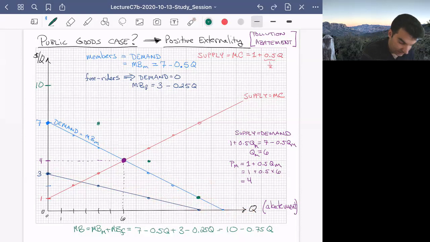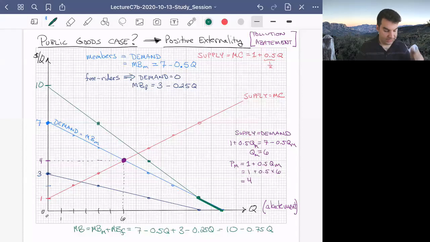It's a straight line that hits to there, and then it just follows along this line here. All right, so that is my total marginal benefit.